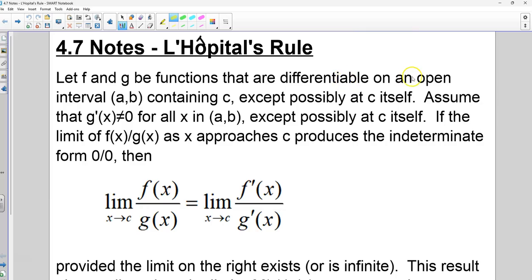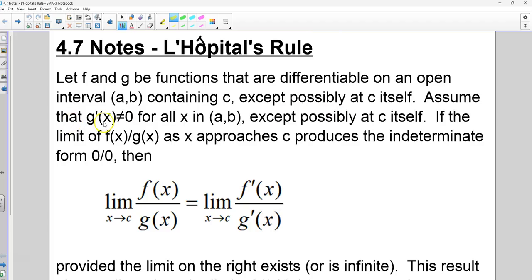They must be differentiable on some interval a to b that contains c, except possibly at c itself. These may not be differentiable at c, because at c, you can have a limit without having a derivative, right? You could have a hole in the graph but still have a limit there. So other than you have to be able to take the derivative, this is not all that important. You don't have to state this.